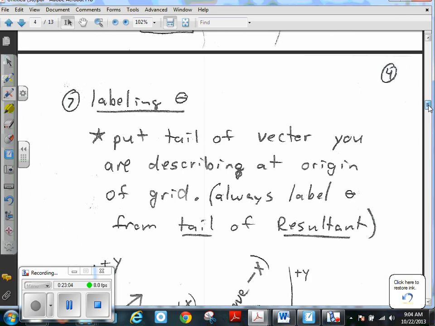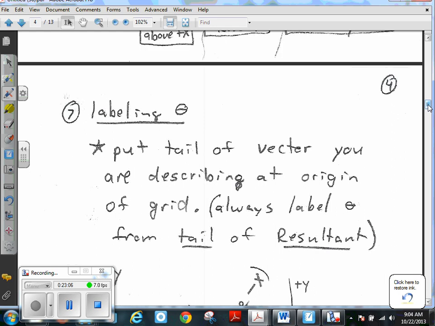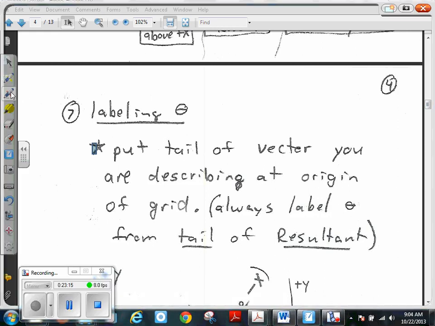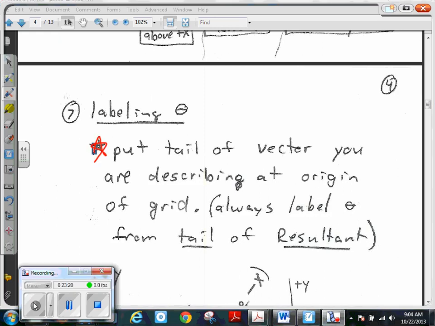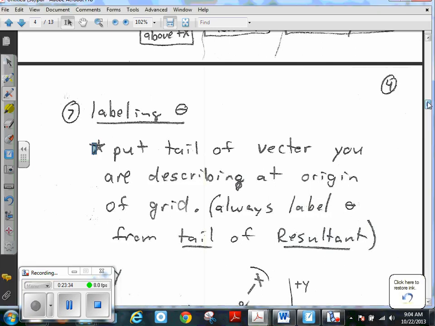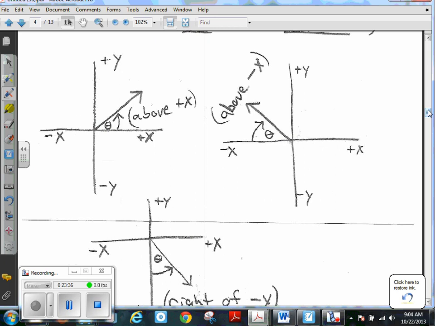So then to address the last question, labeling theta. The first thing you have to make sure you do right is you put the tail of the vector at the origin of a grid, an XY grid. And you always label theta from the tail of the resultant. So the pictures that are associated with that are this.